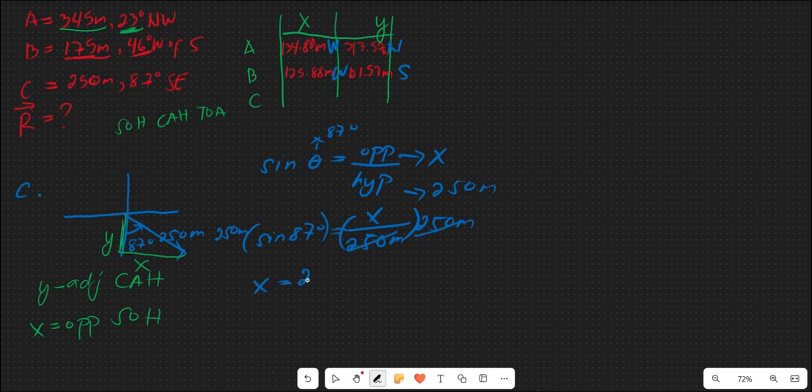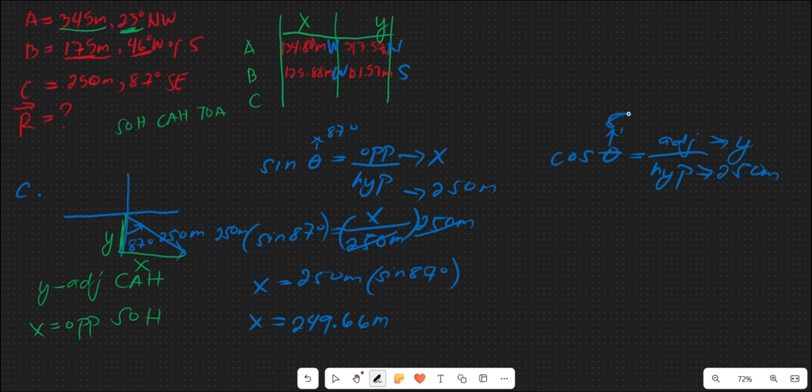Now we are left with x is equal to 250 meters multiplied by sine 87 degrees. And that gives us 249.66 meters. To solve for the y component, let us write the equation: cosine theta is equal to adjacent over hypotenuse. The adjacent here is the y component, the hypotenuse is equal to 250 meters, and the given theta is 87 degrees.